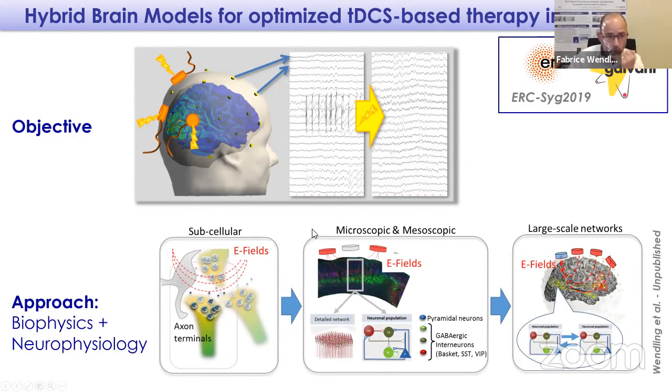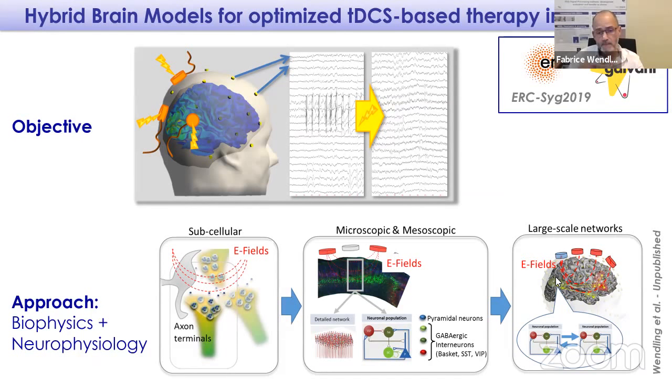And the approach that we will follow is multiple scale. What we want to do is to very accurately model the electric fields that are induced by the scalp electrodes in a patient-specific context, of course, and to combine these biophysical models with neurophysiological models that will account for the effect of electric fields at the level of the cells, the neurons, at the level of microcircuits, typically detailed networks of neurons, and also at the level of populations of neurons, typically this mesoscopic level, and then move toward the effects of electric fields at the level of large-scale networks.